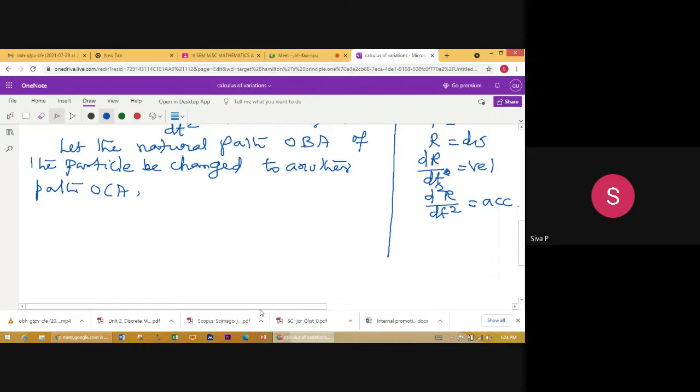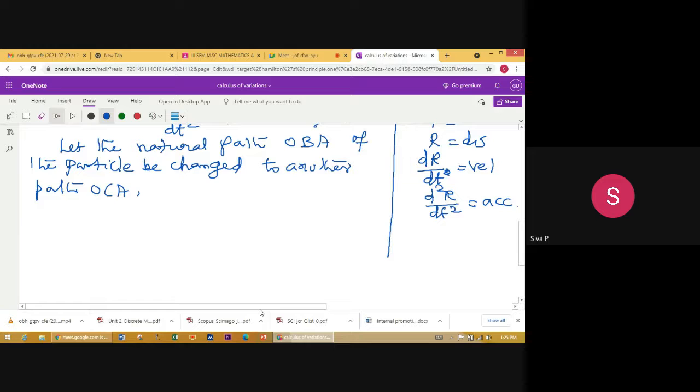After some time there is no traffic on that road, so they will not increase or decrease the speed. That means if the time changes, the process is not changing. That is called stationary.